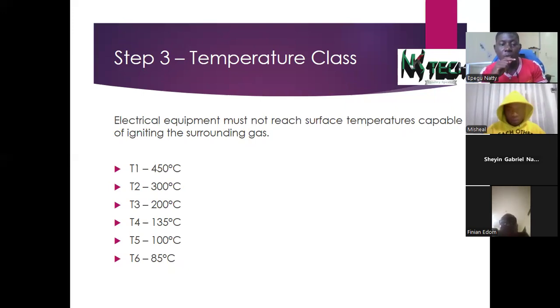T3 is 200 degrees. T4, T5, and T6. T6 means that equipment will not get hotter than 85 degrees. So if there is any gas that will ignite at about, let's say, 100 degrees, then you can use equipment with T6 in that region.